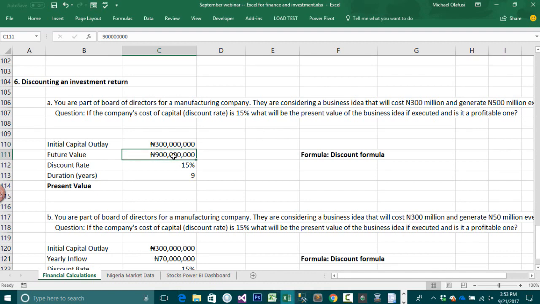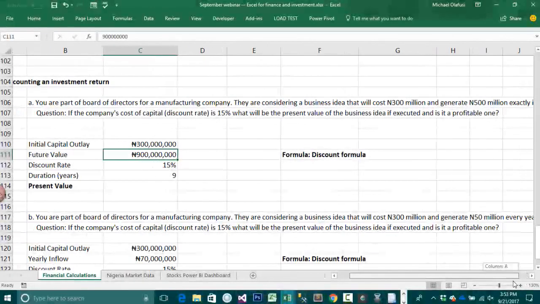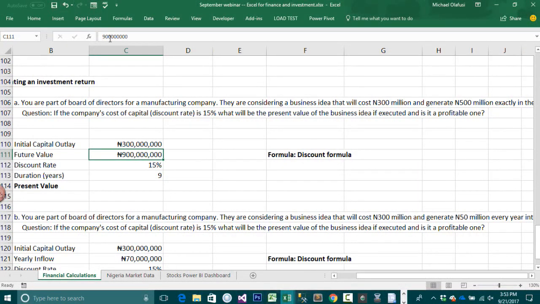It's going to turn to 500 million. And then the discount rate, the cost of capital, whether it's borrowed money or what you demand as return on investment. And then the duration, so this is going to be over a 9-year period.